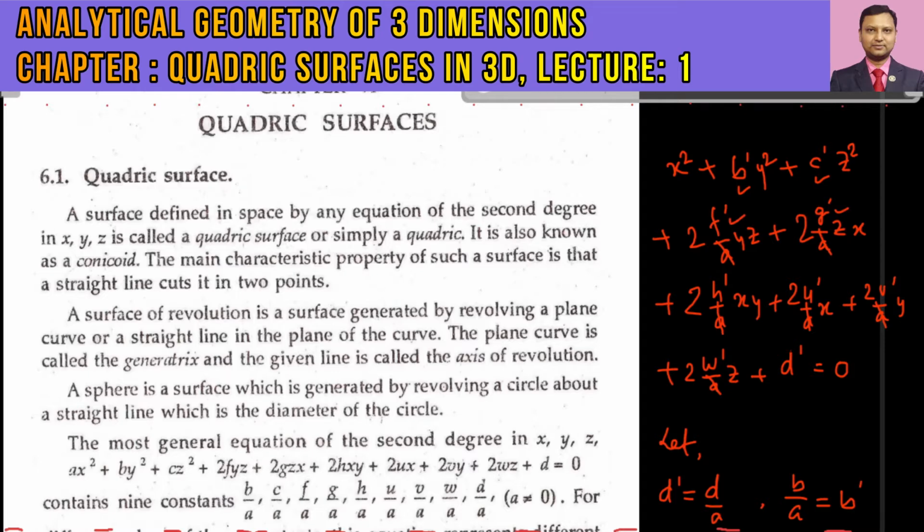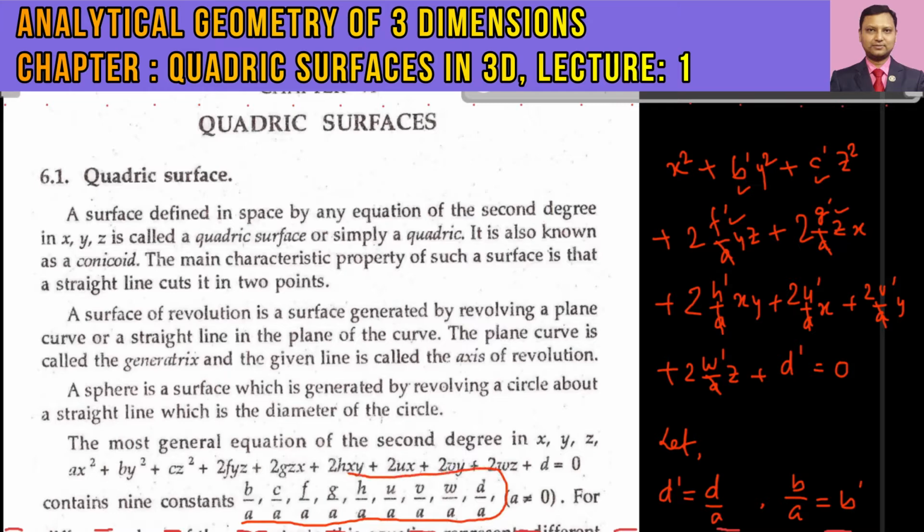How many such unknown coefficients are there? Initially we had three coefficients for x square, y square, z square, then three coefficients of yz, zx, and xy, then three coefficients of x, y, and z, and this constant. So altogether we had 10 unknown constants, and by dividing by a, we have 9 unknown constants.